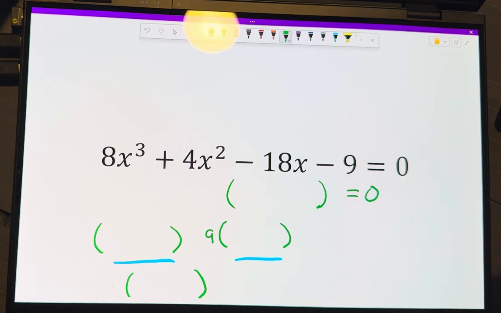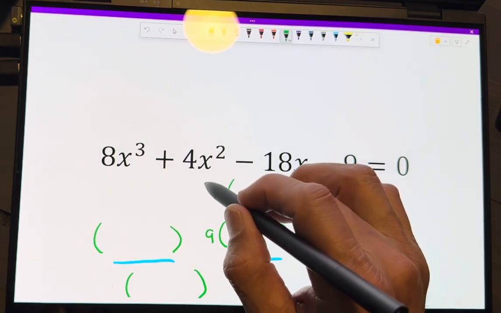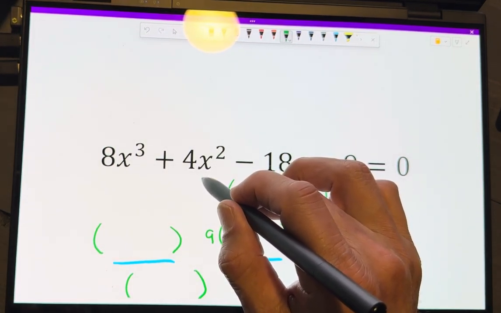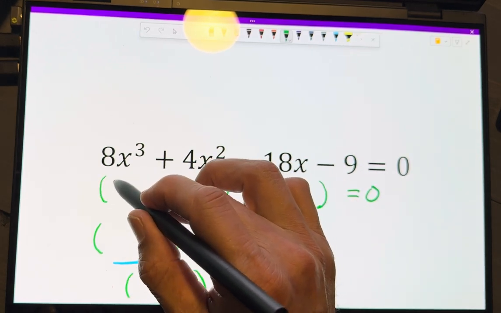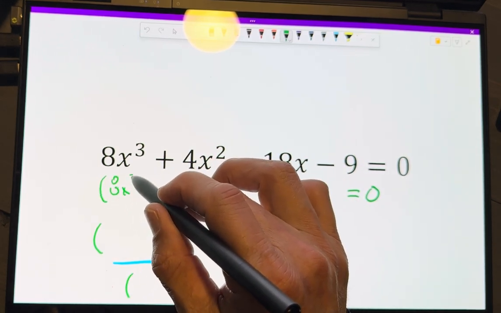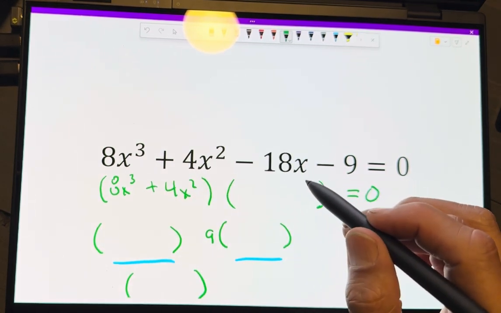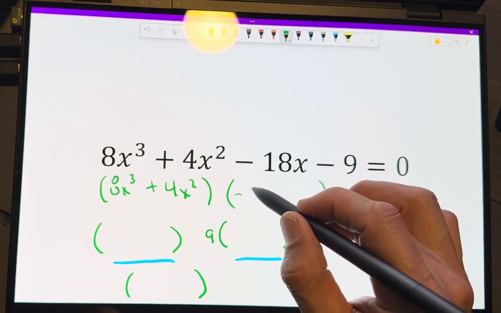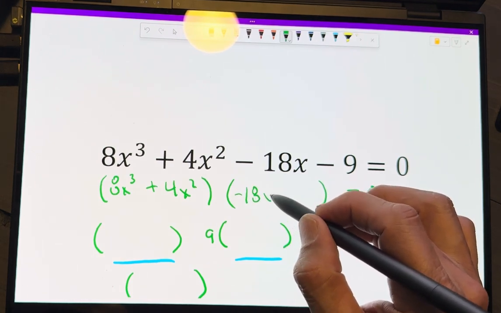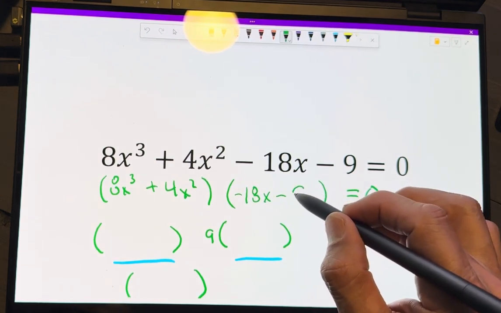Okay, hopefully you looked over the example for how to factor a third degree polynomial, but let's go over it. First we break up the first and second term. So we have x to the third plus 4x squared, minus 18x minus 9.